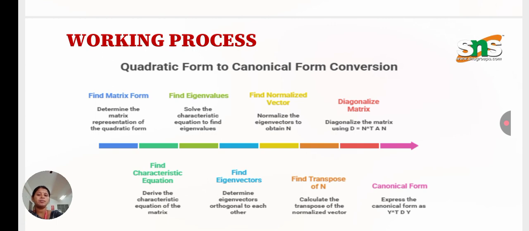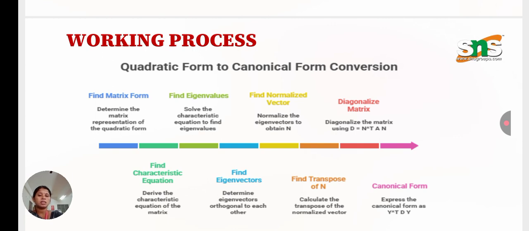After finding the normalized eigenvectors, we construct a normalized model matrix with their help, and check whether this normalized model matrix N satisfies the orthogonality condition with the formula N into N transpose. When we apply matrix multiplication, it should give the unit matrix, that is 1 0 0, 0 1 0 and 0 0 1.